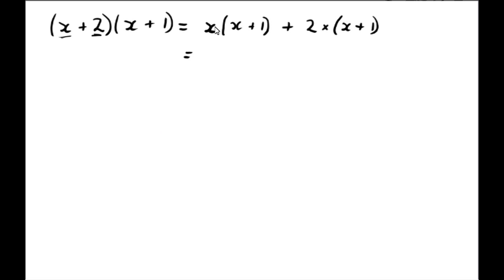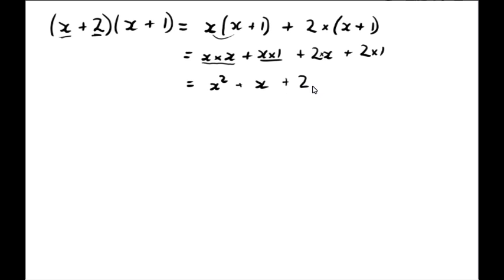And then I use my distributive law for both. So x times x, x times 1 plus 2 times x plus 2 times 1. X times x is x squared plus 1x plus 2x plus 2. Simplify the like terms, so x squared plus 3x plus 2.